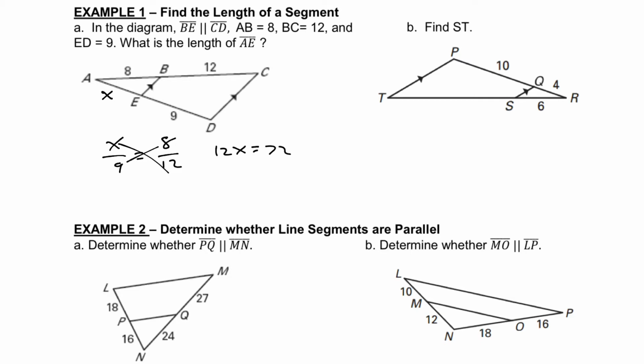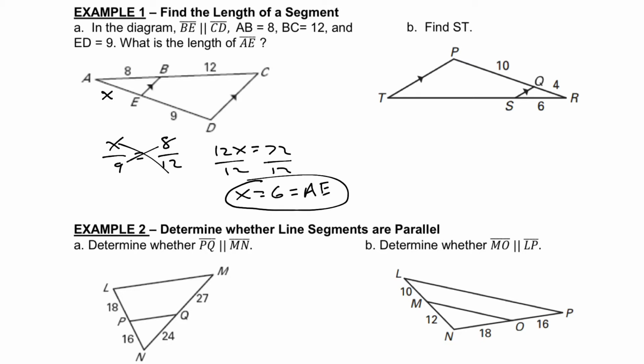Then I'm going to divide both sides by 12, and I get X equals 6. The way we set it up, X is the distance from A to E, that's what we were trying to find. So there's our answer for example 1, part A.